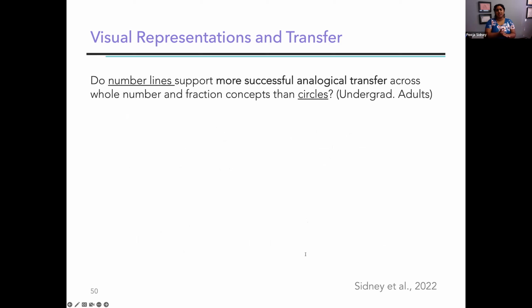So in this study, it's with undergraduate adults, it's not with children, but they were randomly assigned to demonstrate fraction problems in one of 3 visual representation conditions. There was a symbol-only condition where participants were asked to solve problems, but there was no visual representation present.